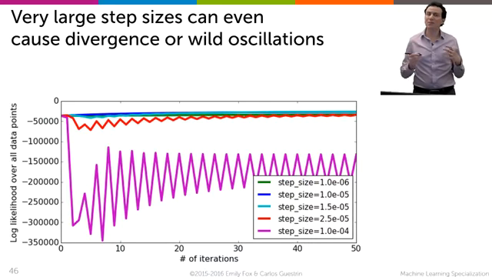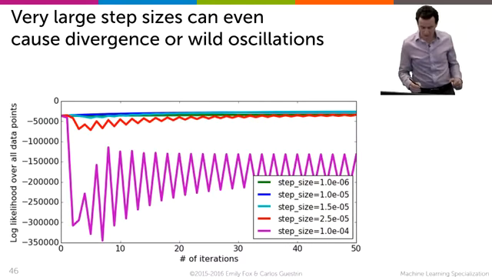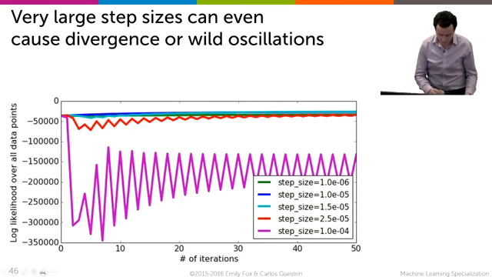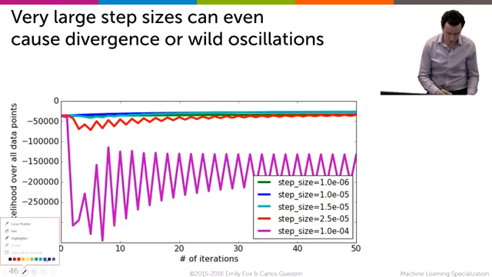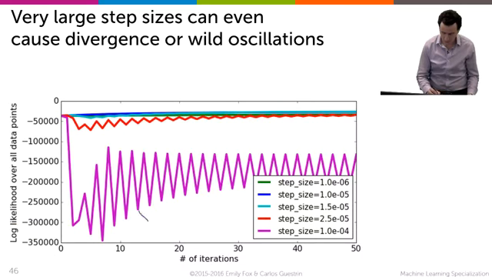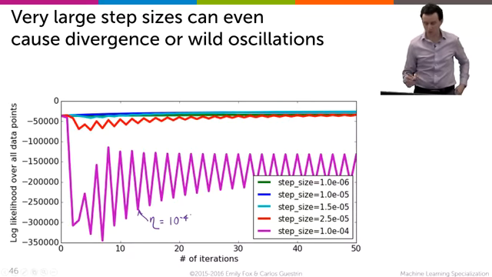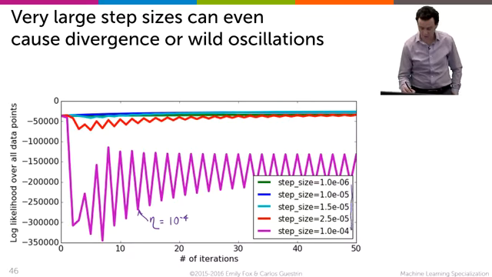Now let's see what happens when we pick an eta parameter that is too large. What I've done here is taken a much bigger parameter. So I picked eta, which has a step size of 10 to the minus 4. Remember, the other ones were of order 10 to the minus 5. As you can see, they're increasing.